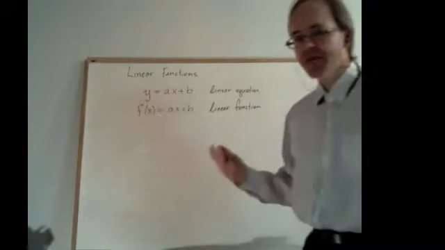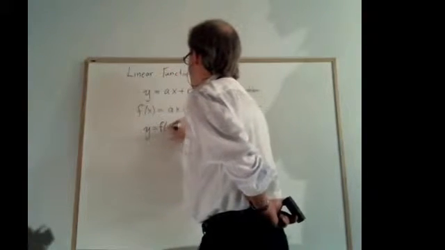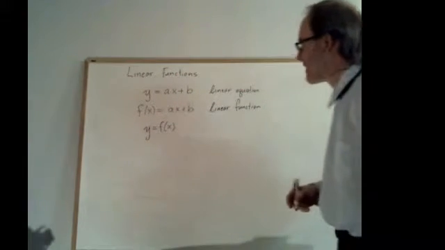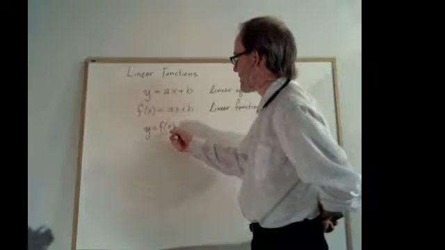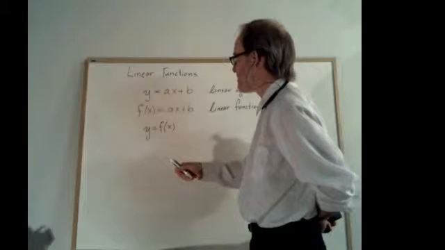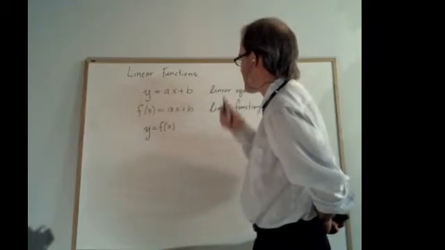And when we graph the function, we'll be taking y is equal to f of x, assigning x as the input and y as the output. Then we'll see that what we get in the end is the same as a linear equation.